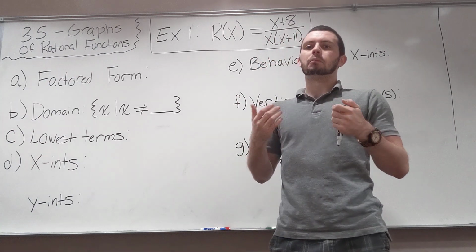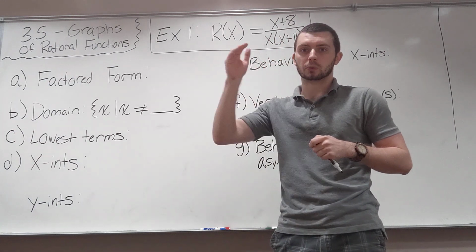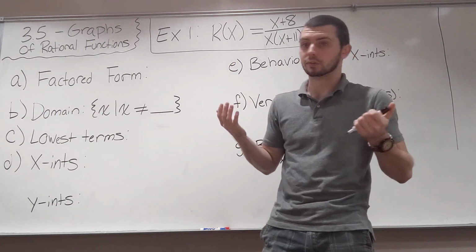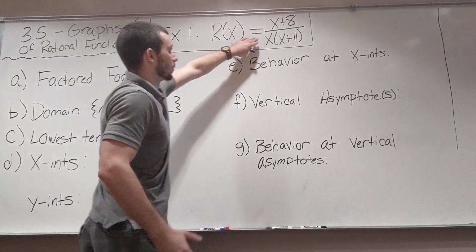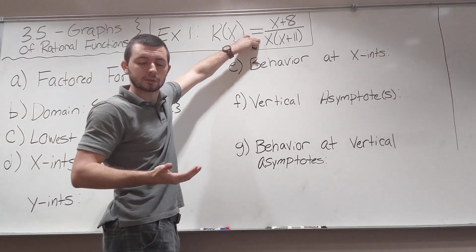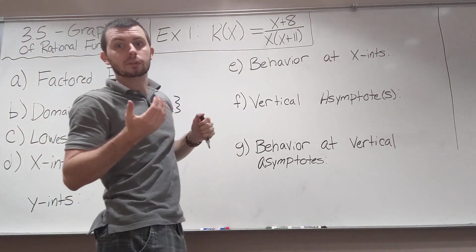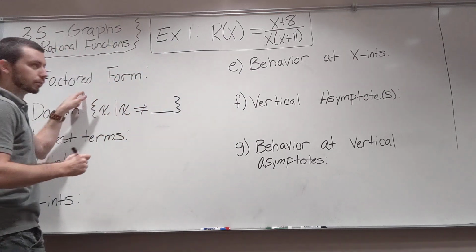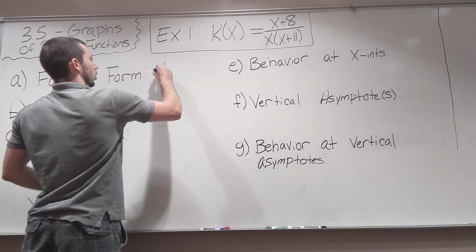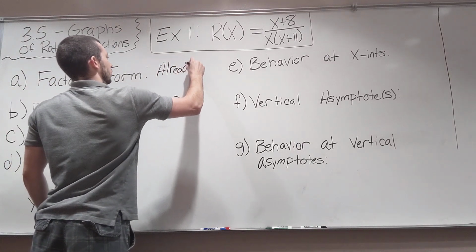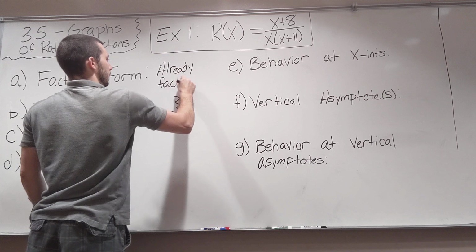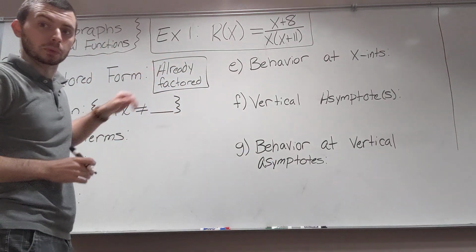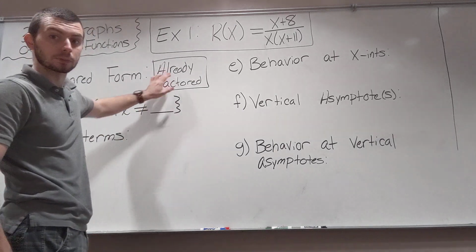They are virtually asking us to factor the numerator and the denominator as much as possible, if we need to. You may notice in this problem everything's factored for us. There's even an answer choice in the homework that says it's already factored. So here for the factored form, it's already factored.